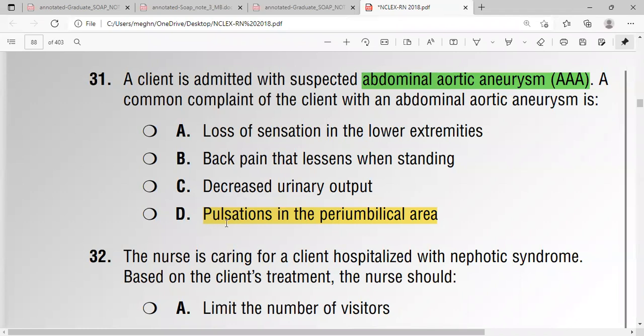So answer number A or answer number C are incorrect because they are not associated with abdominal aortic aneurysm. Answer B is incorrect because back pain is not affected by change in position, right?